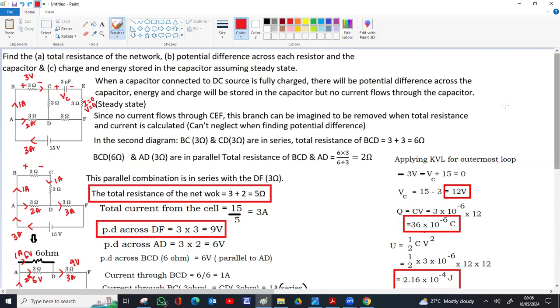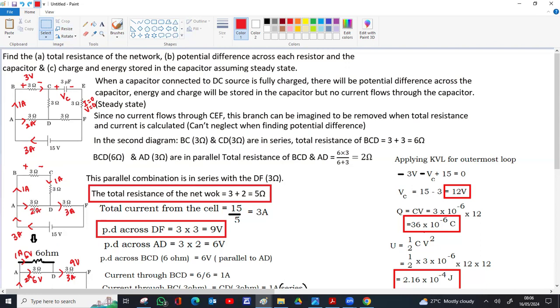So basically, step 1, when a capacitor is given with a series of resistors in a DC circuit, first imagine the capacitor to be absent. Then you solve the remaining network, either using simple series and parallel combinations if they allow you to.